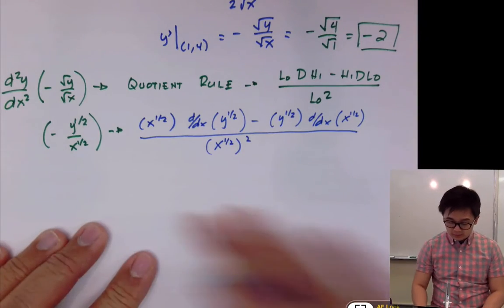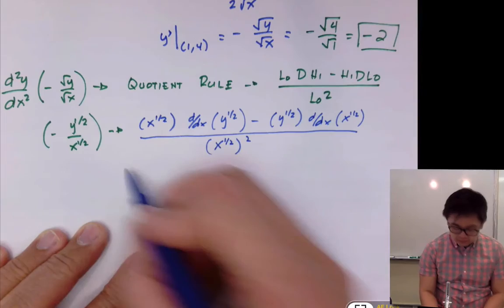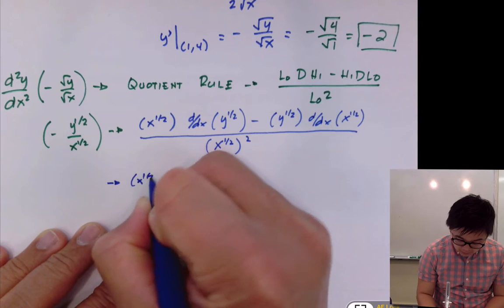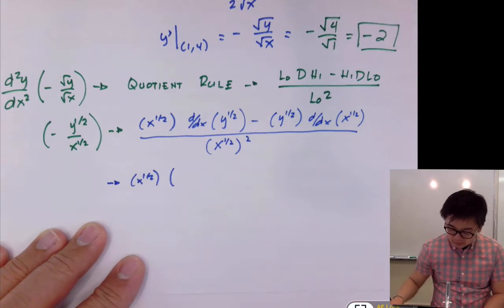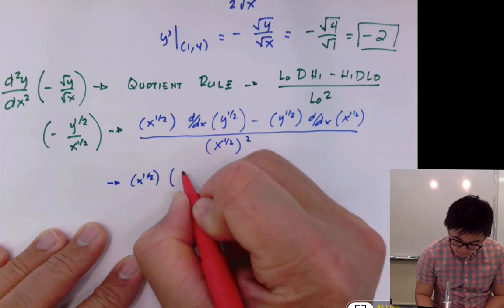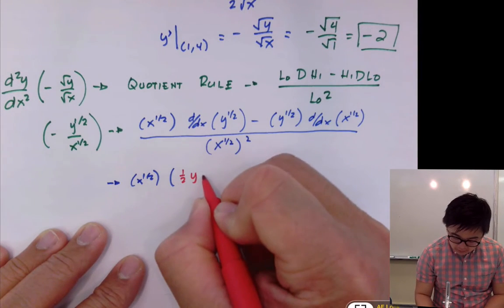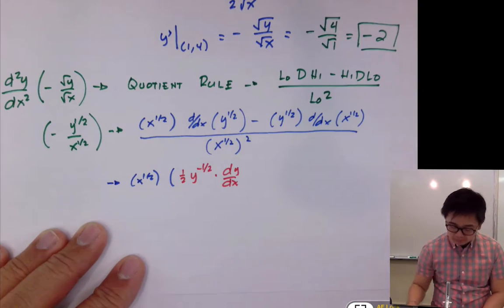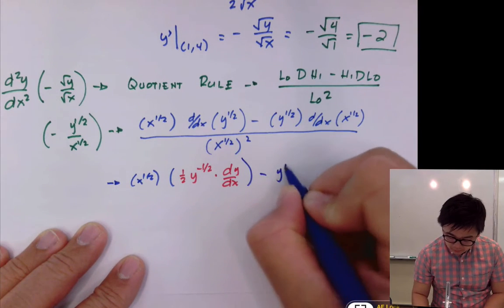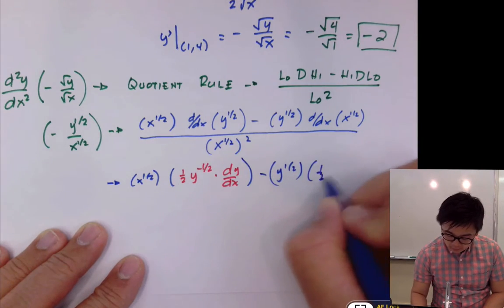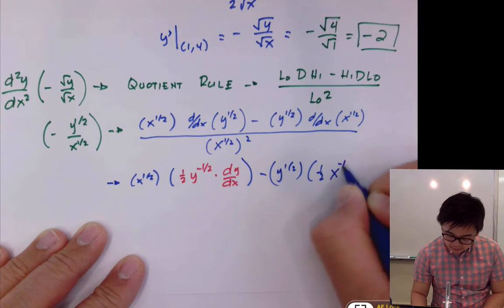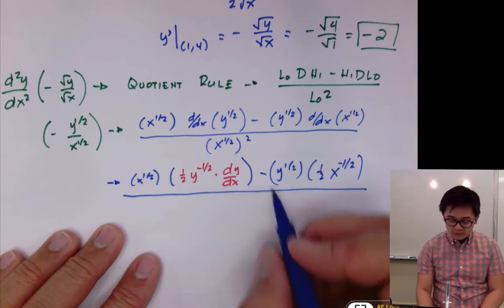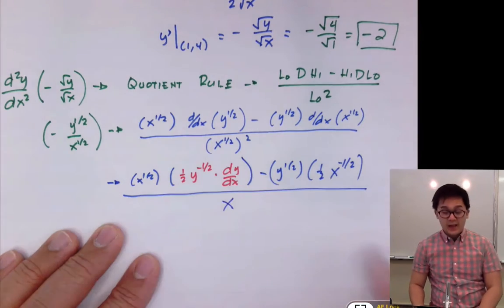squared. So in this case, finding the derivative of our function will be simply x to the 1/2 times, this one is going to be 1/2 y to the negative 1/2 times dy/dx, minus y to the 1/2 and 1/2 x to the negative 1/2, all over x raised to the 1/2 squared is simply x.